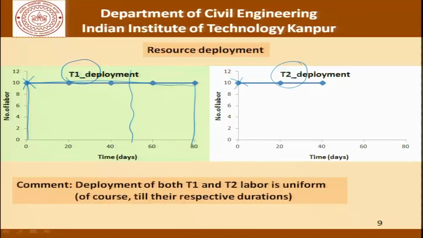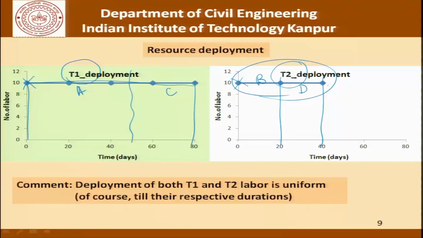Initially, for some time they work on activity A and then they work on activity C. In this case, we have assumed that activity B starts at the earliest that it can, and these people who have expertise in T2 work initially on B and then on D, and then everybody goes home.